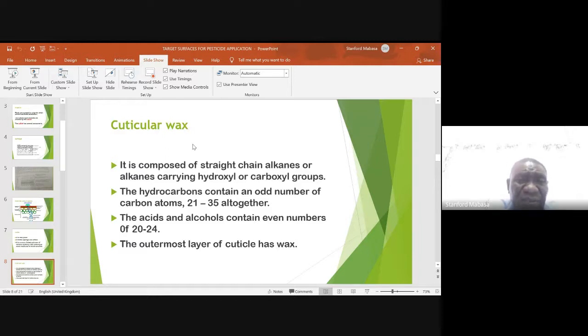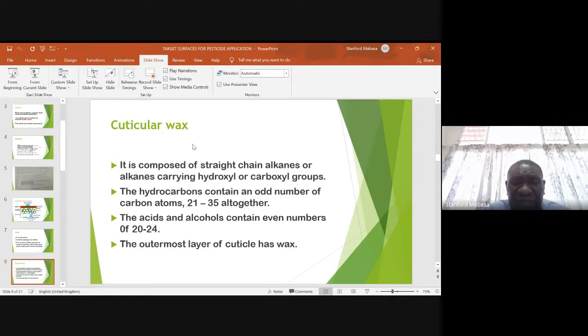Then cuticular wax, or just wax. This is composed of straight chain alkanes, or alkanes carrying hydroxyl or carboxyl groups. The hydrocarbons contain an odd number of carbon atoms, 21 to 35 altogether.